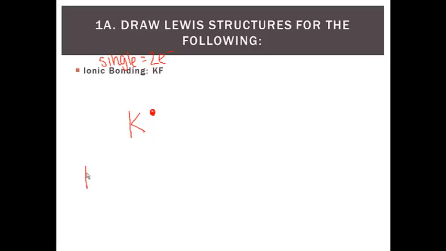Fluorine, on the other hand, is in column 17, one of my halogens. So this has 7 valence electrons. Everything in column 17 has 7 valence electrons. So we do top, right, bottom, left, top, right, bottom. That gives me my 7. And we can see here that there's a hole that will be filled in with that 1 electron. Whenever we go to draw this, it's okay to move the dots around, as long as the ones that are paired up stay paired up.